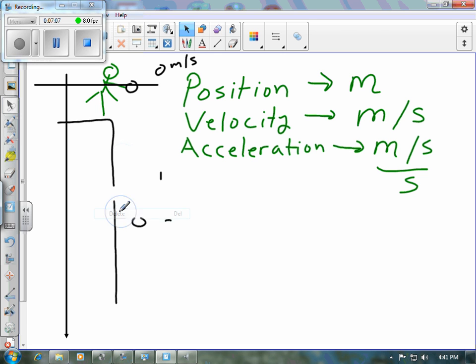Now, what makes the velocity velocity? In other words, why isn't it acceleration instead of velocity? It seems like it would be acceleration if it's changing over time. Okay, the velocity is how fast the object is going. The acceleration is how fast the velocity is changing. Your speedometer on your car tells you your velocity.